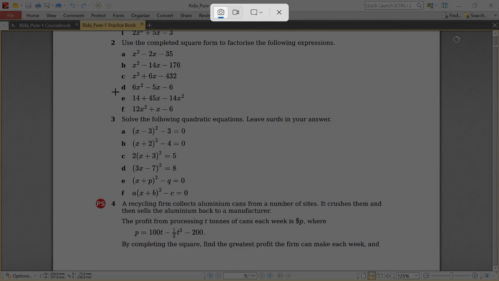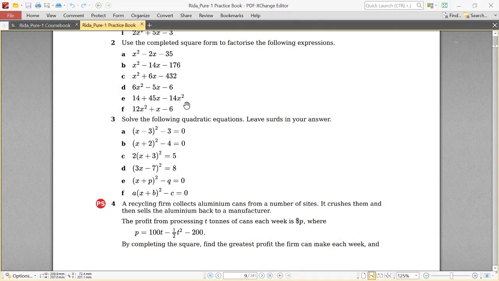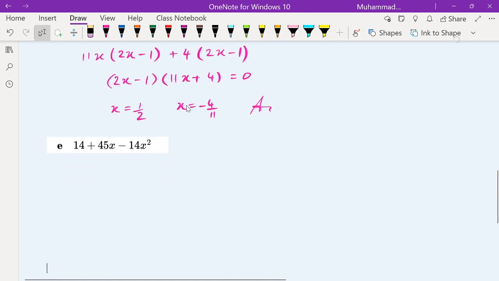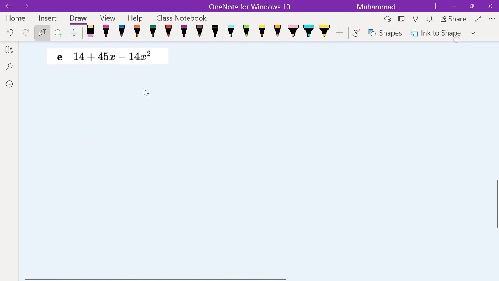Let's take a question from here. Recall your completed square with the help of this. What will you do if you have to complete the square?